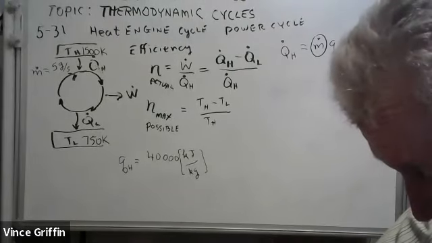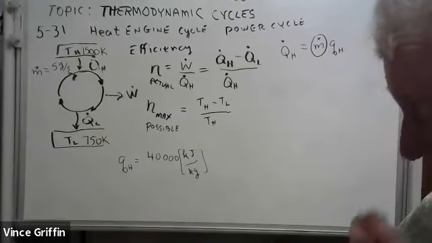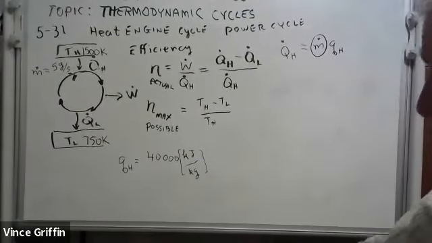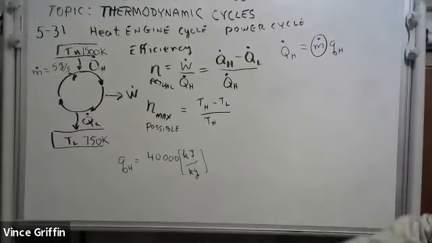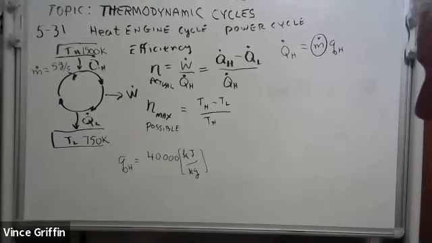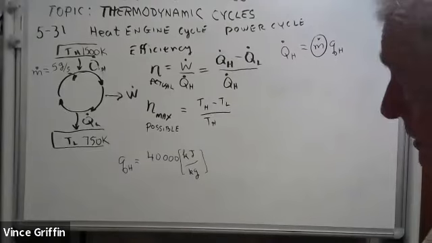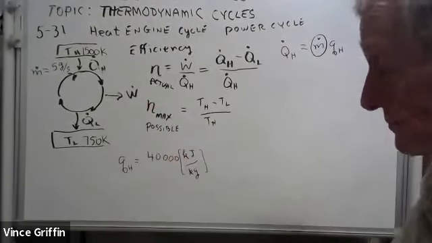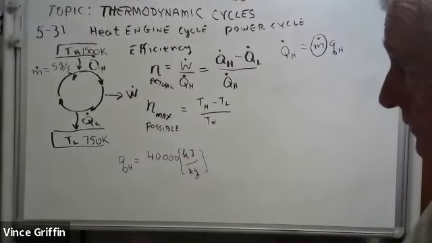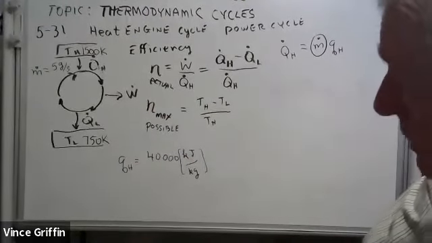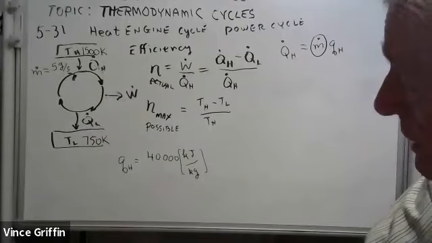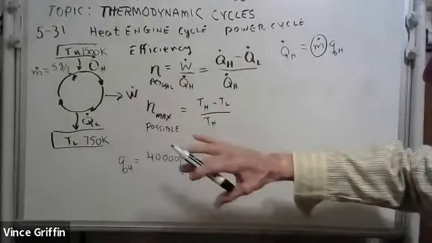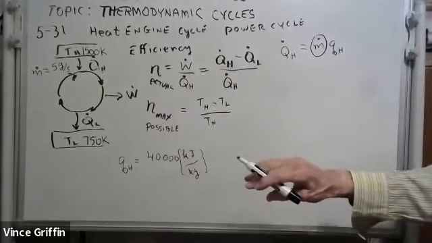What is the maximum power the engine can provide? Well, the maximum power, I think we could probably figure that out. Here's what they're after. They're after this W dot. If it ran perfectly, then these would be equal.